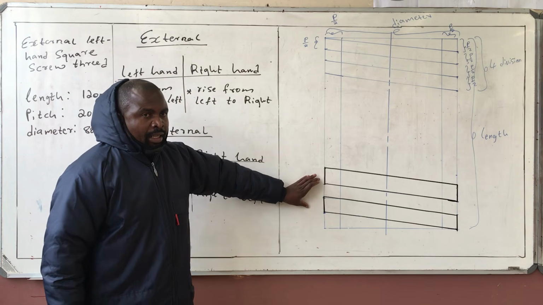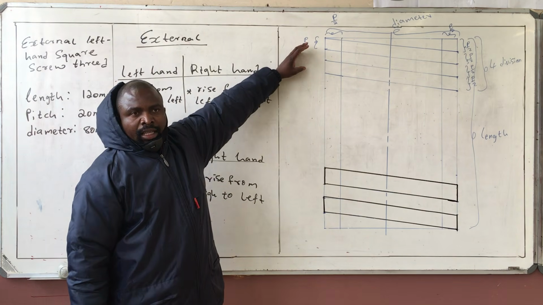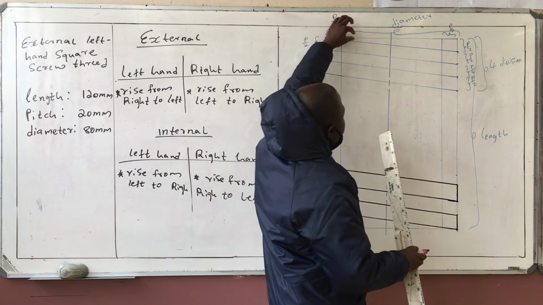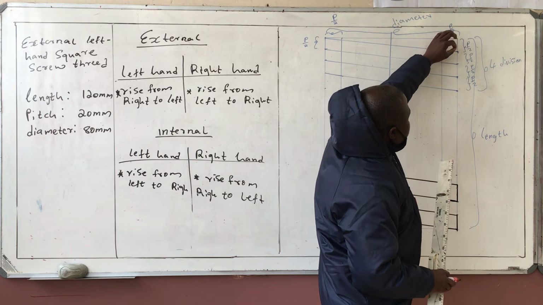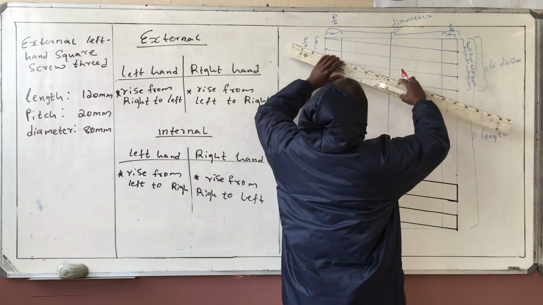What I've done here, I must also do it on the other end. Meaning, the first one, as you can see, is a triangle. Then the first rectangle, I make it bold.